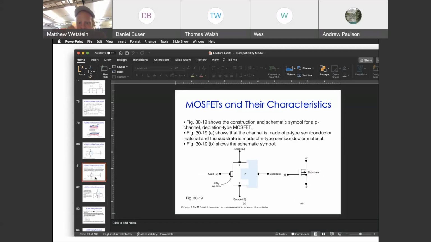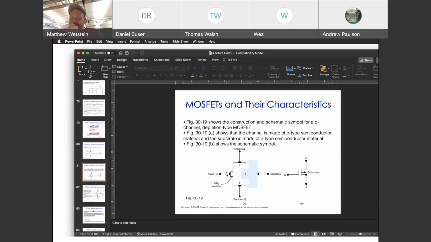So with MOSFETs, it's a little bit confusing because now the name of the game is that you are going to apply a voltage to a gate that is completely decoupled from the channel material, because there is an oxide layer in between that serves as an insulating layer, hence metal oxide in the term MOSFET.